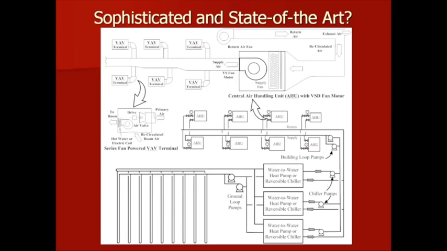And in the terminals, you of course regulate the conditions by varying the flow rather than turning the machines on and off, and you'll see there a good number of items in that system. But we see more and more people doing this.